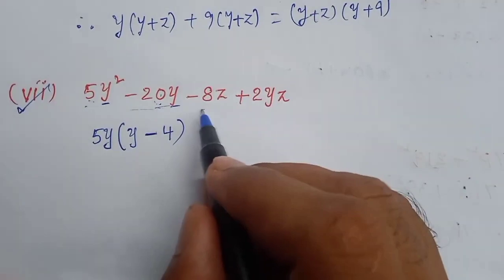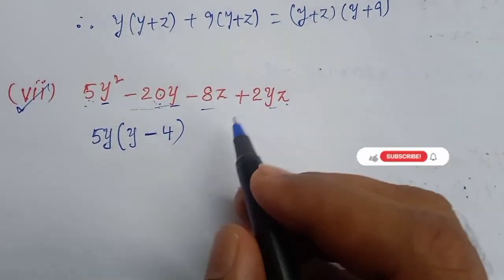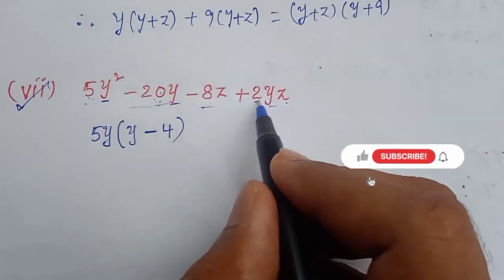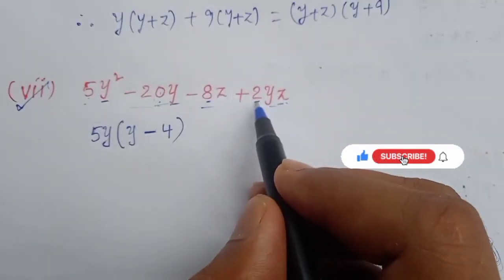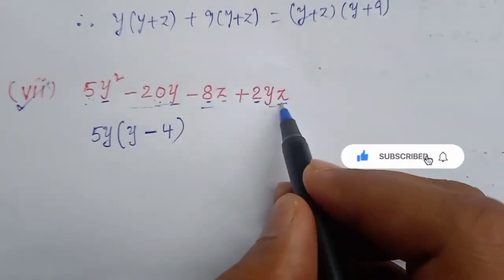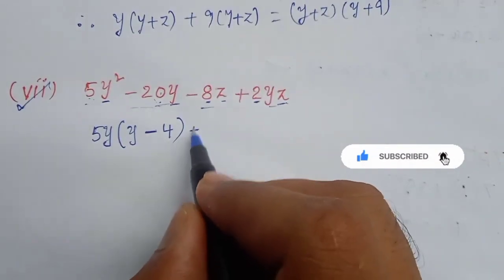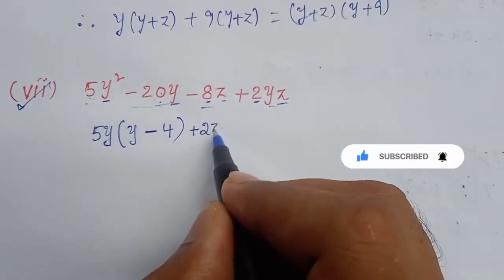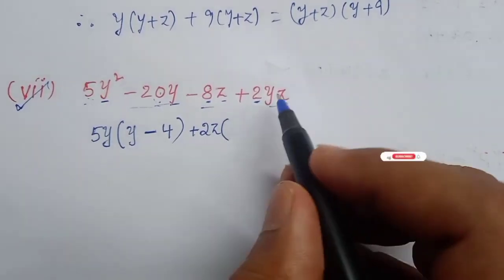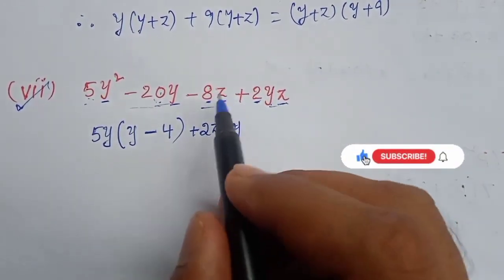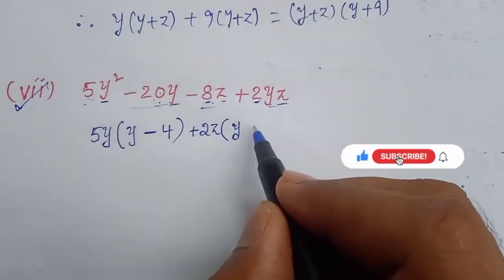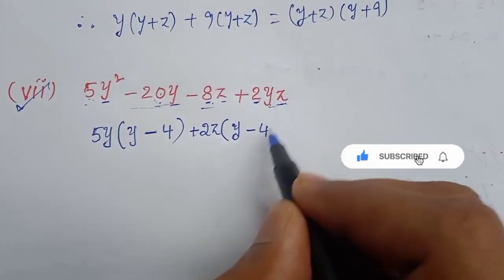See, from third and fourth term you can take 2z. So 8 is divisible by 2 and 2 is also divisible by 2. Here you have z, here you also have z. So take out 2z as common. From the fourth term you have only y here, and from this, it is divisible by minus 4, so minus 4.